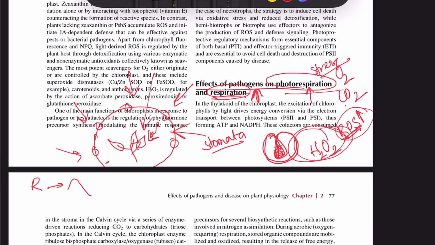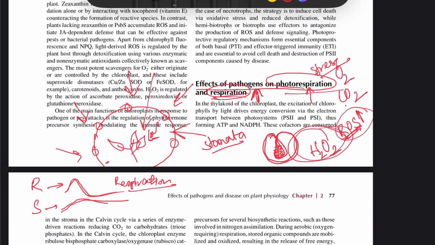But in susceptible plants, it stays high for a longer period of time. So in a resistant plant, it picks up very high but then drops very quickly.